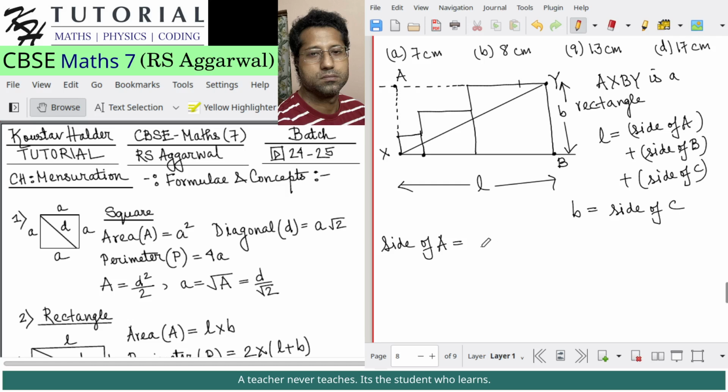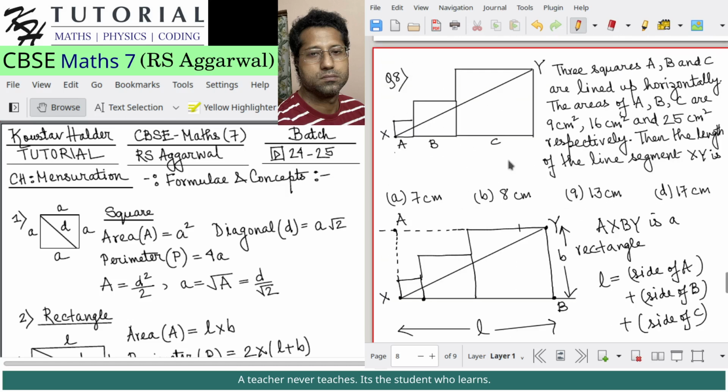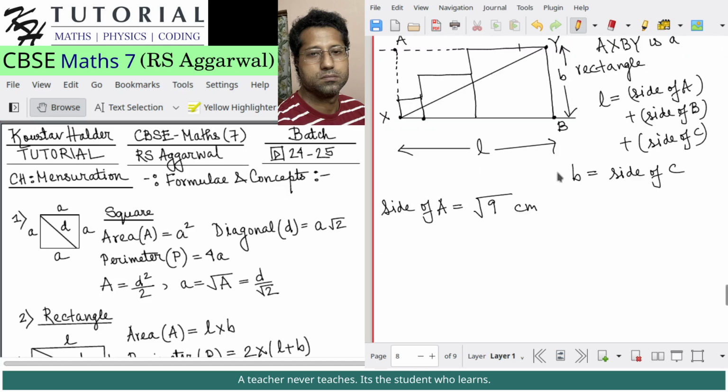So the side of A will be the square root of 9 centimeter, since the area of the smallest square, A, is given to be 9 centimeter square, the area of the middle square B is 16 centimeter square, and the area of square C is 25 centimeter square. So this is equal to 3 centimeter.